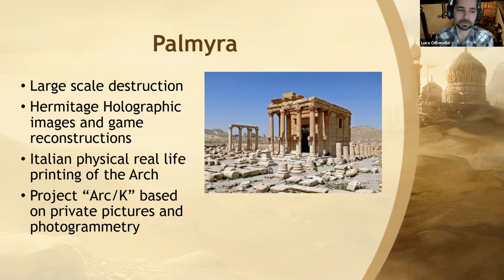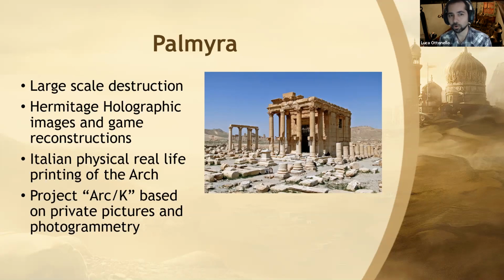Other countries tried to do it. The Italians tried to do the physical real-life printing of the arch, which was also very publicized during the period, but it ended there. Only the arch was reconstructed partially, just a very small part of it, and then nothing else after that. And the art project, there was a private collection of images from all over the world that was used for digital reconstruction of the site.